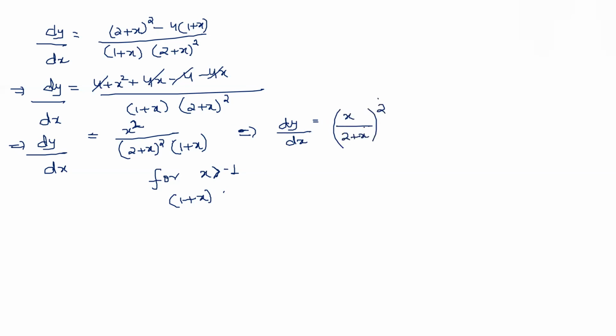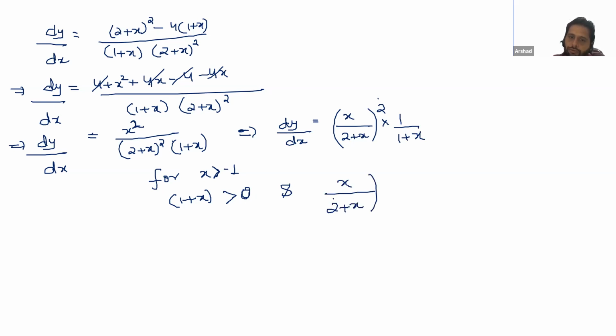Very good. I will write this as a perfect square into 1 by 1 plus x. For x greater than minus 1, 1 plus x is greater than 0, because you are putting a value greater than minus 1. For example, if you put 0 here, you will get greater than 0. And this is x square by 2 plus x whole square.